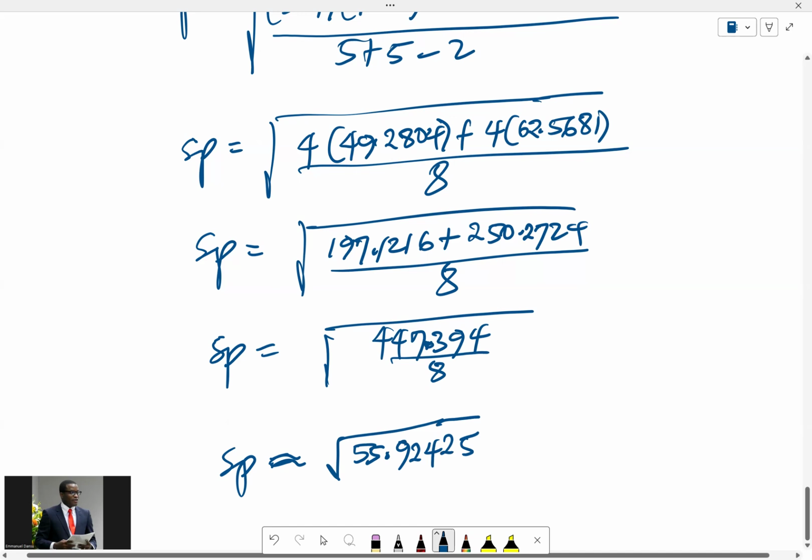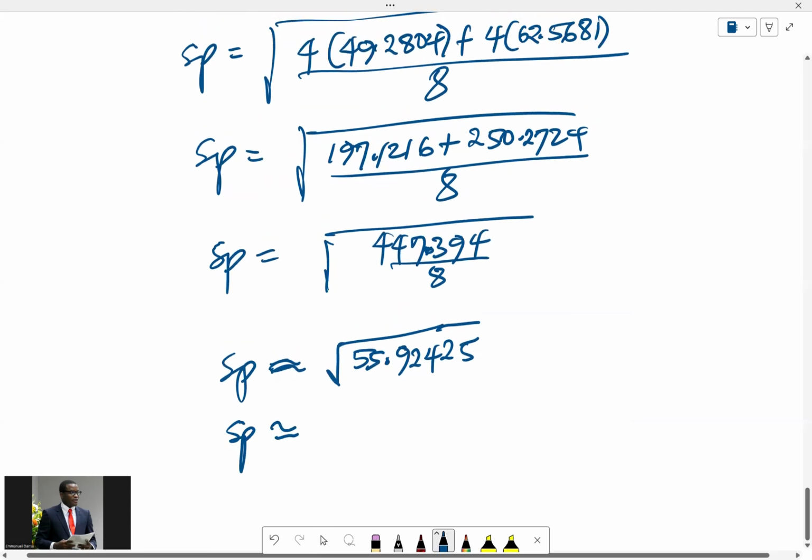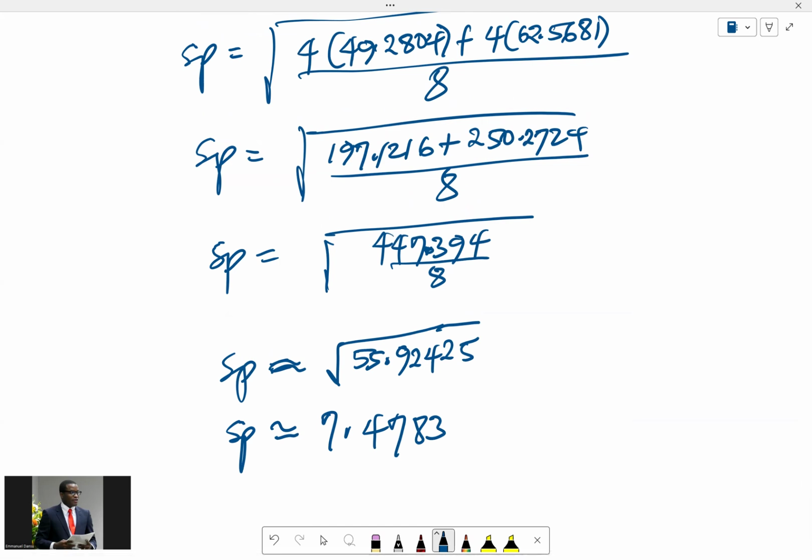So if we do the square root of 55.92425, SP is approximately 7.4783. So that is SP. So we still have some distance to go. So it requires presence of mind, really important.